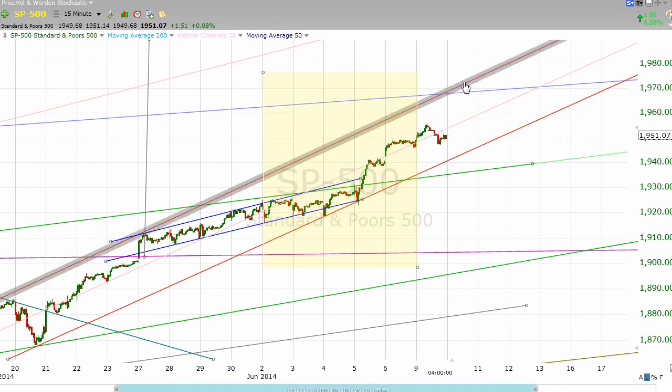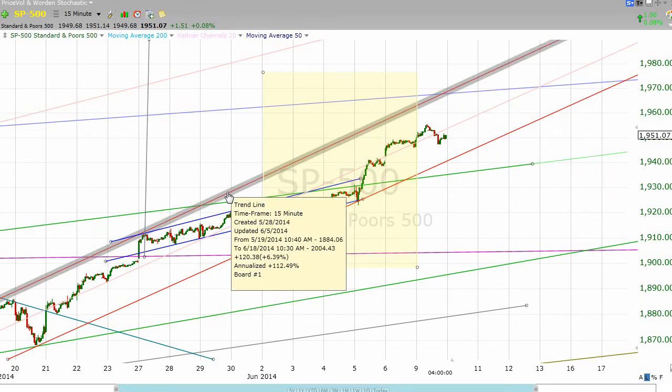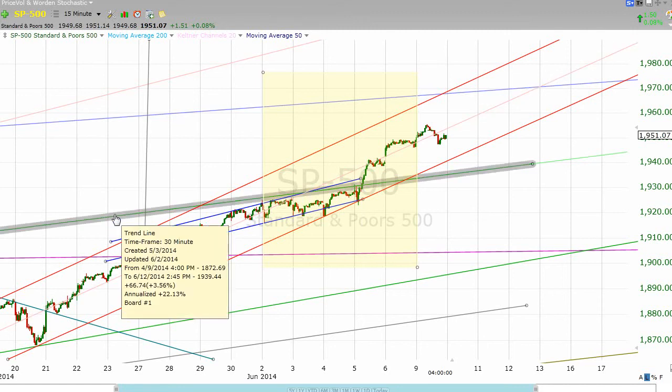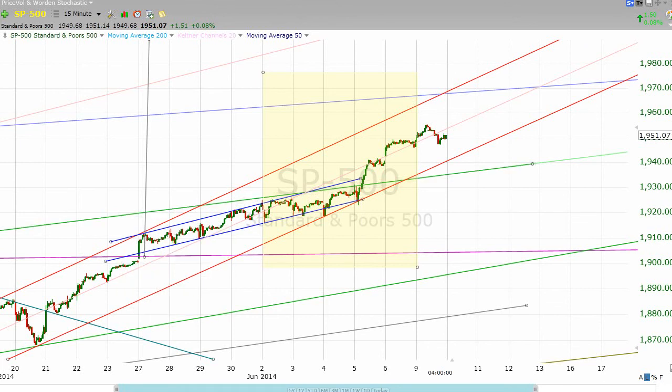Let's pretend we broke over the top of this line right here. I would not count on this line to act as support on a back test because it's rising at a fairly steep rate.